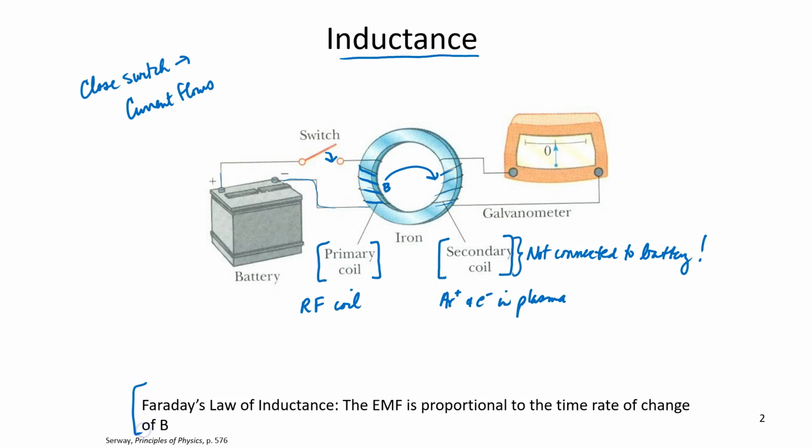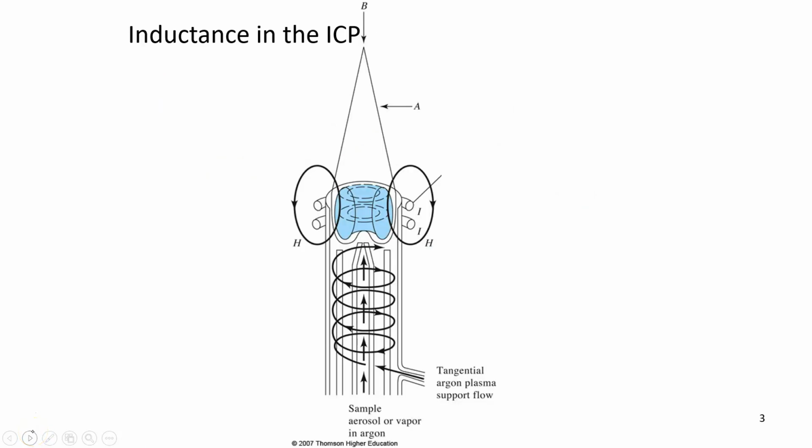And here's a law that you may have learned in one of your physics classes, but we won't worry about it so much. Let's see if we can understand this process of induction or inductance using the torch as our figure. Here it is. So again, here are your RF coils, and a current is going to flow through those RF coils.